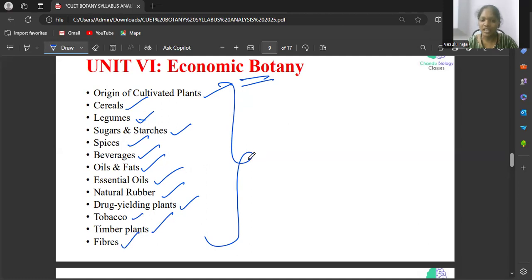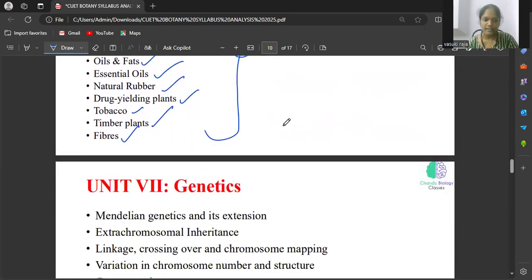All these plants can be made into an economy. That is plant economy, how plants made their own economy. Everything will be discussed in detail under unit 6, called economic botany.